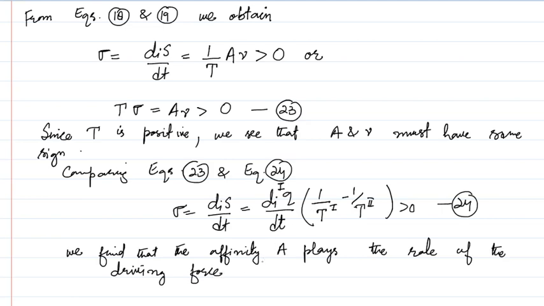That means, in this above equation, that means 24, the driving force is 1 upon T1 minus 1 upon T2.